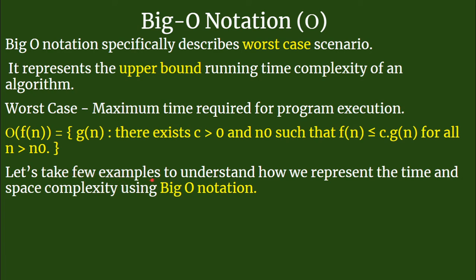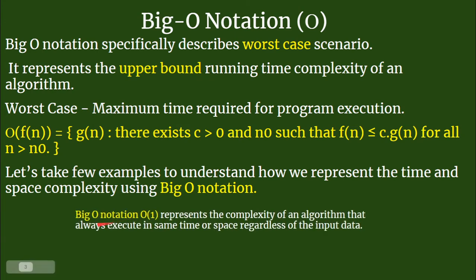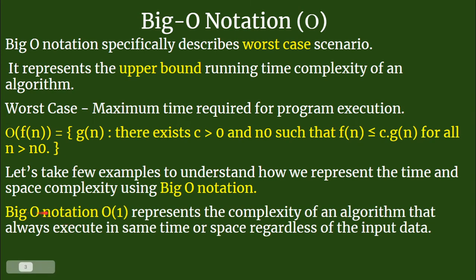Let's take a few examples to understand how to represent the time and the space complexity using the big O notation. The first one is O of 1, order of 1, which is only one element we are having. It represents the complexity of an algorithm that always executes in the same time or the same space regardless of the input data.